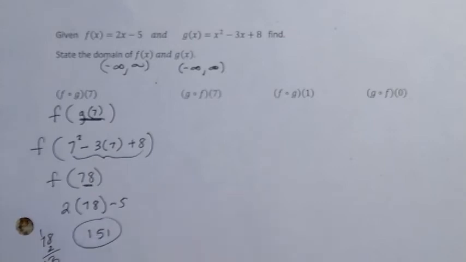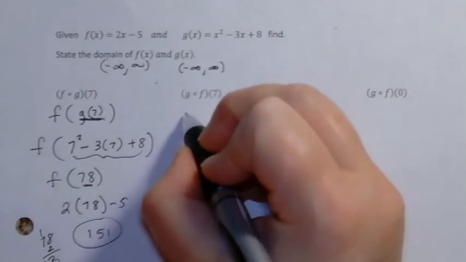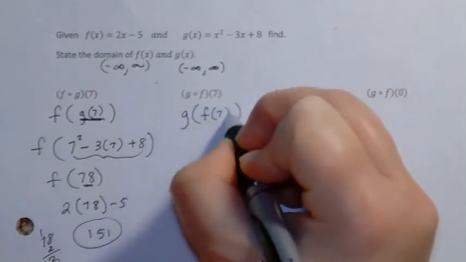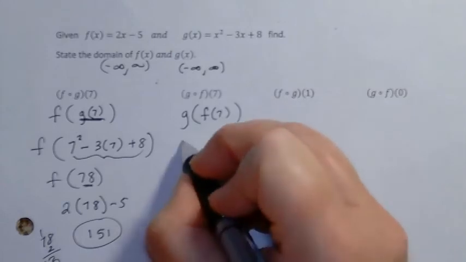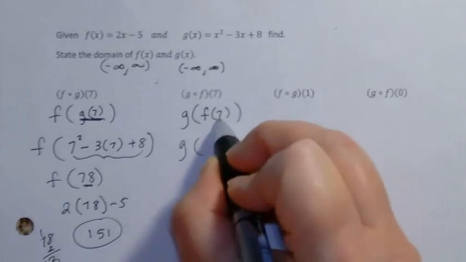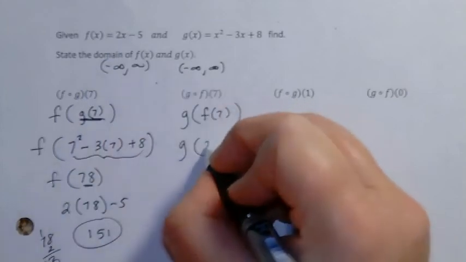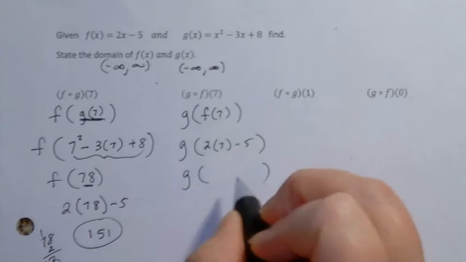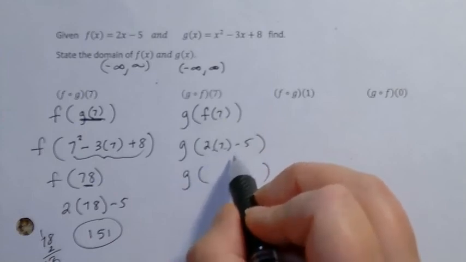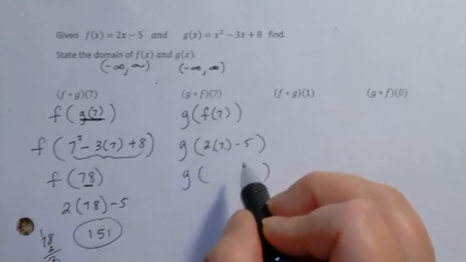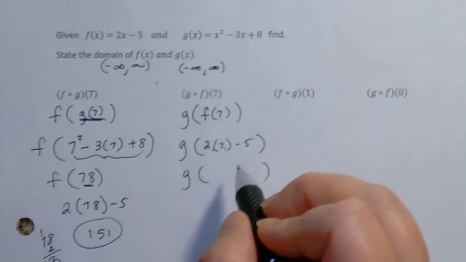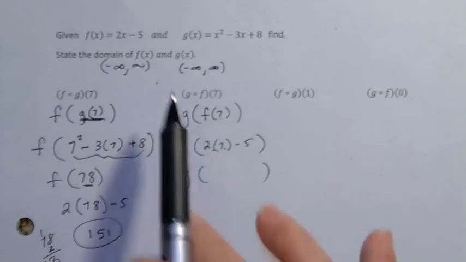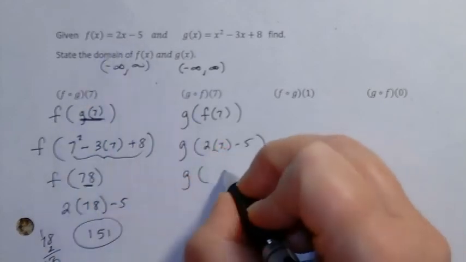Okay, let's look at the next part. This one's backwards now. I'm going to apply the g function after I find the f function at 7. So inside here, I'm going to start by putting 7 in place of x. 2 times 7 is 14. 14 minus 5 is 9.